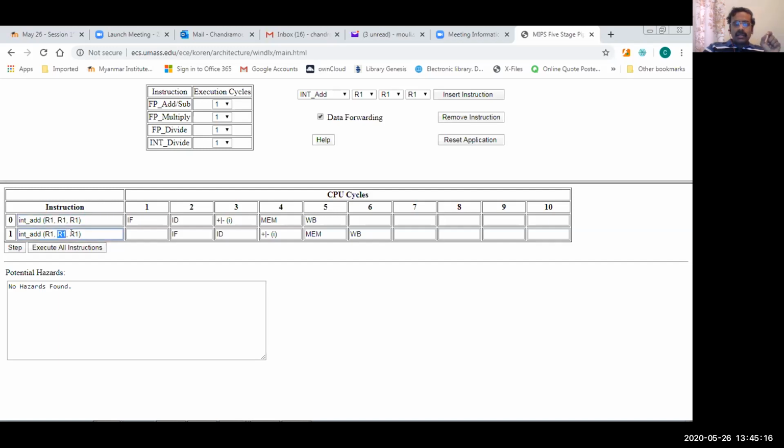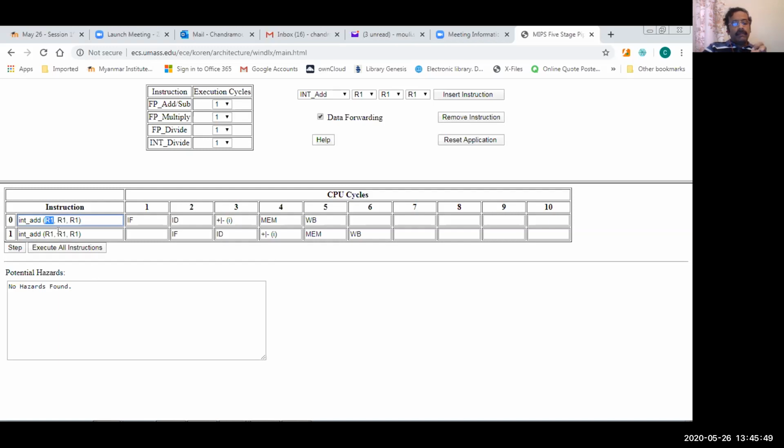So it is similar to what I gave you in the exam yesterday. I gave both operands dependent on one destination register. If you remember question 2, it had two operands which were dependent on this. As I told you, the forwarding paths are 4: 2 from EX/MEM and 2 from MEM/write back to both the inputs of the ALU.